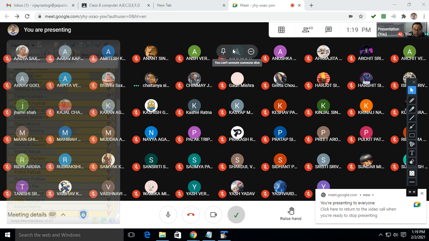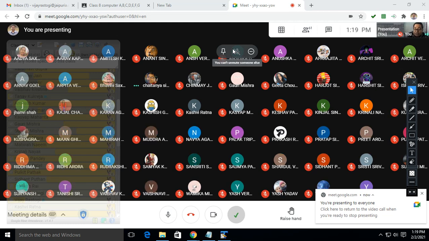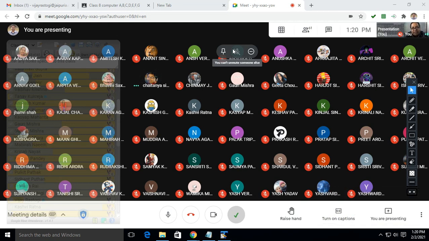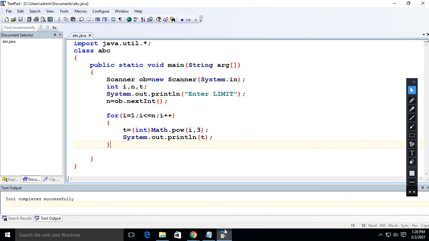I am asking for the exact number of outputs. If the user is inputting n, suppose the limit is 5, in that case the output must be only 1, because the sum is 1 plus 2 plus 3 plus 4 plus 5 equals 15. So ultimately, we are printing the sum of the natural numbers. Getting my point?